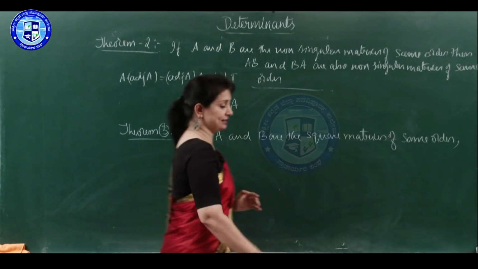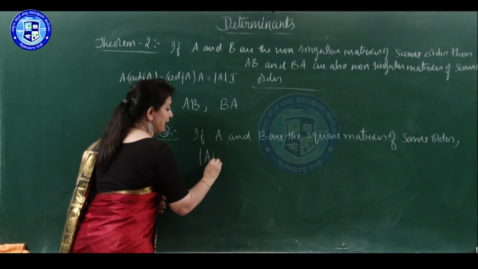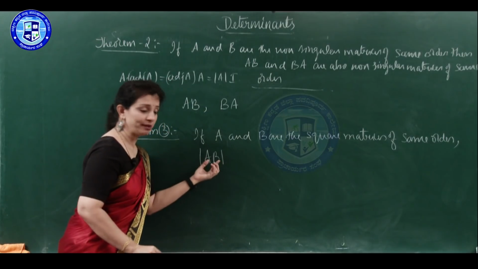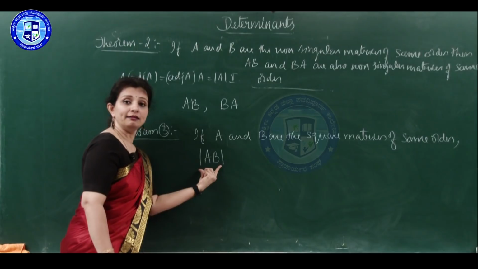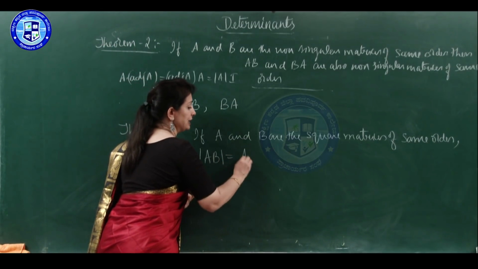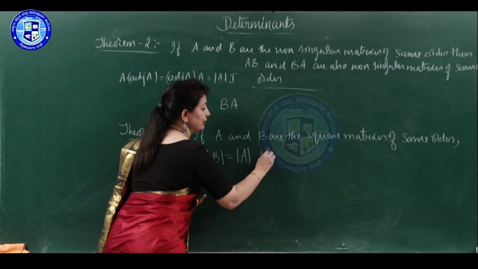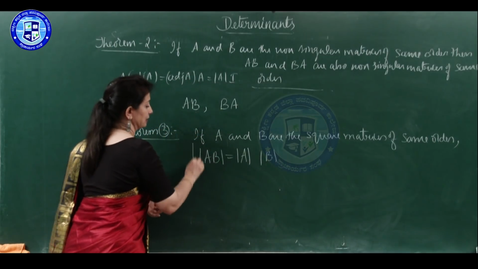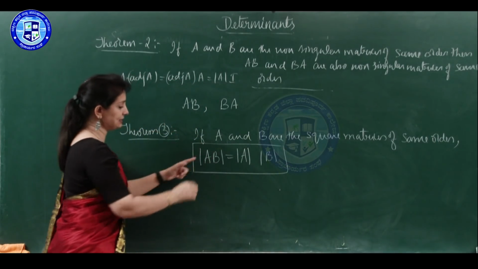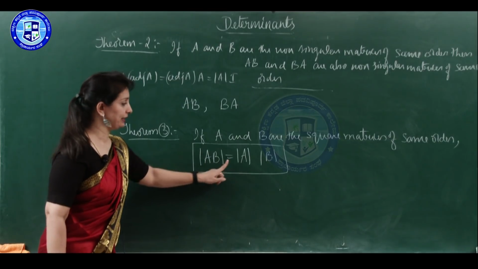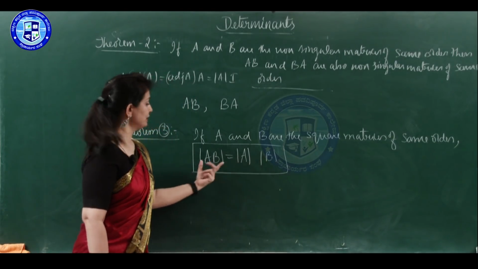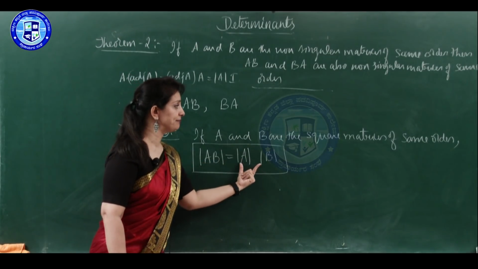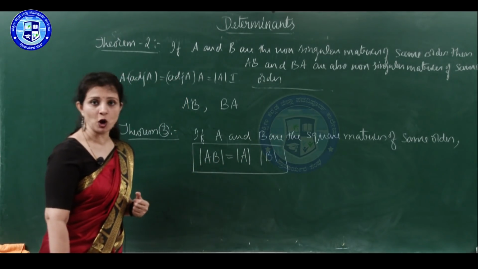then we can write the determinant of AB. Look at this, determinant of AB: multiply A and B, we will get a matrix again of the same order, and the determinant of it is equal to determinant of A into determinant of B. So, here the two matrices A and B are square matrices of the same order.